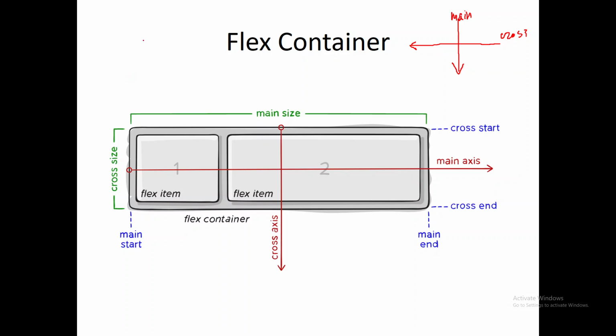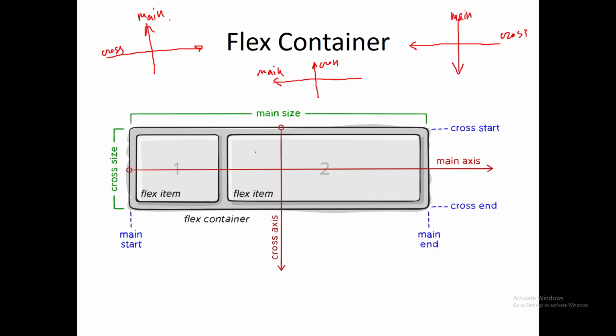Again, if your main axis is pointing from bottom to top, then what would be the direction of your cross axis? It will be from left to right. And if your main axis is pointing in the reverse direction, let's say from right to left, what would be your cross axis? It will be upside down again, so from bottom to top.